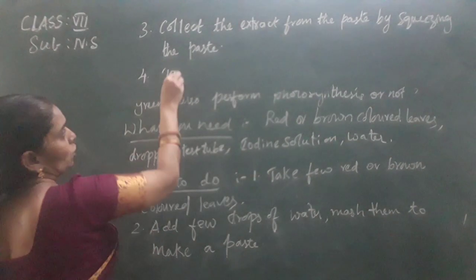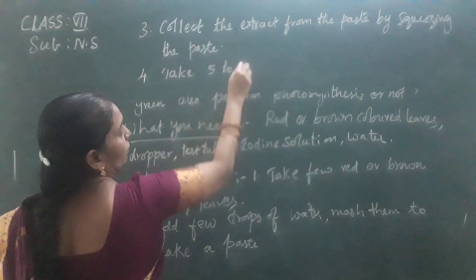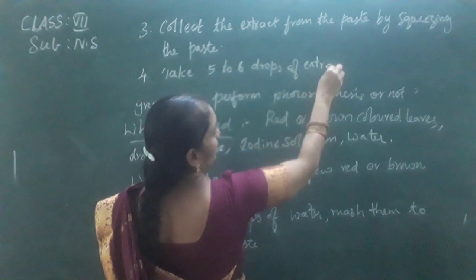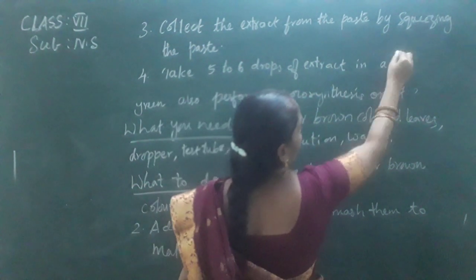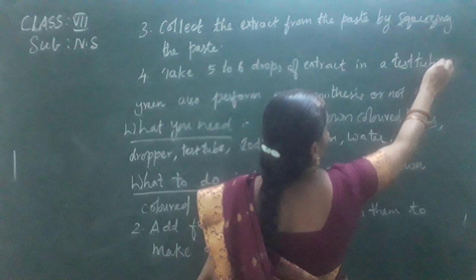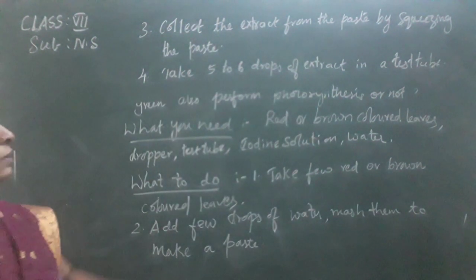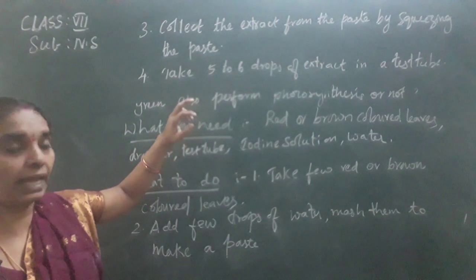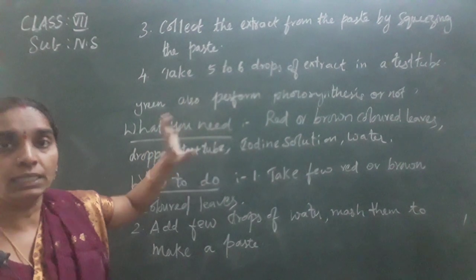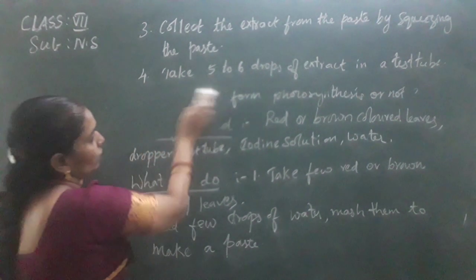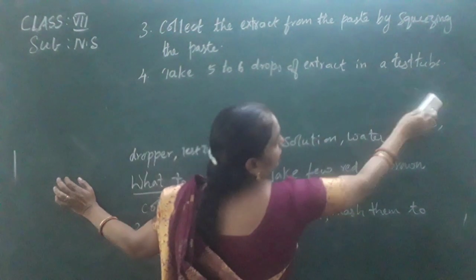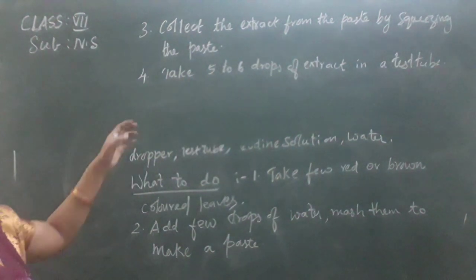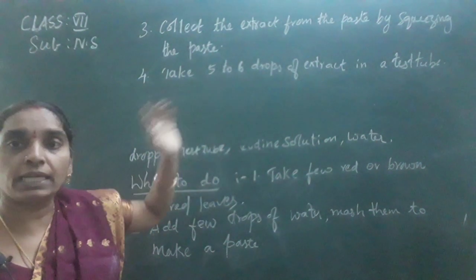Take 5 to 6 drops of extract in a test tube. What did you do? You had collected the extract, then from the extract you had to take 5 to 6 drops and take it in a test tube. Then you have to take iodine solution and, with the help of the dropper, add 2 drops of iodine solution into the extract that is taken in the test tube.